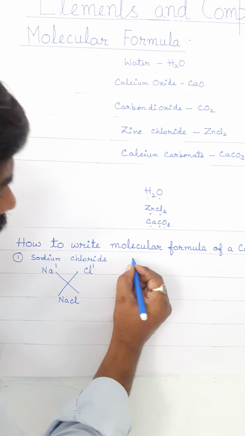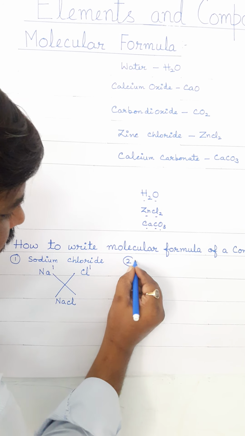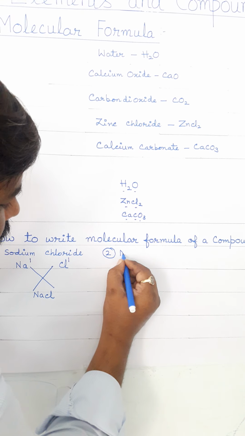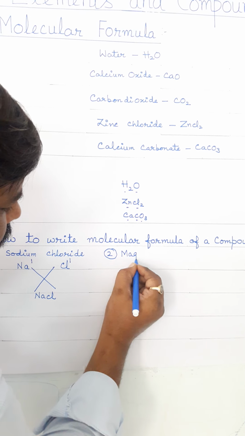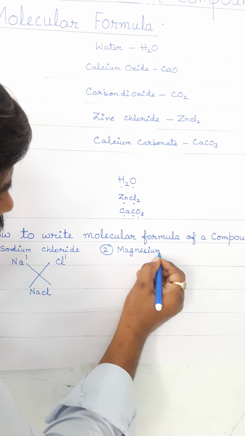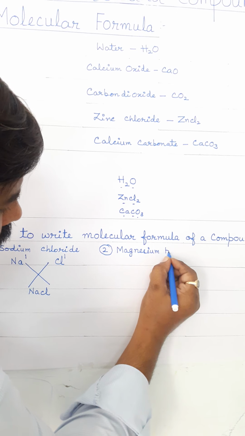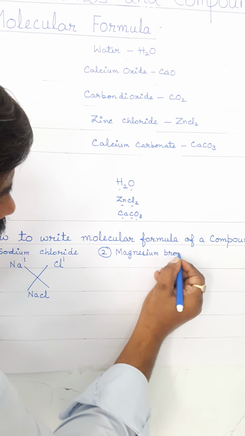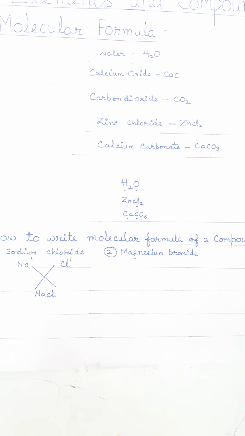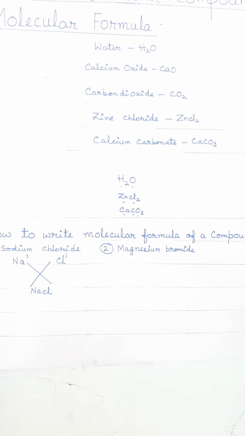Now let's take another example. Now the second example is of magnesium bromide. Magnesium bromide is also made up of two elements, magnesium and bromine.